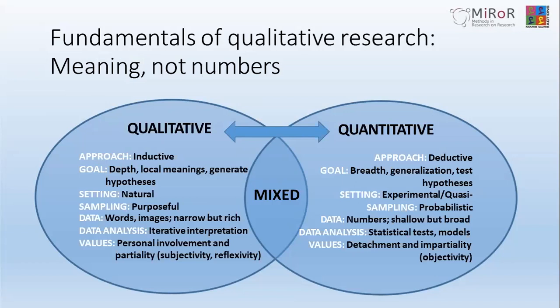However, it is the observations that you are looking at, and through those observations you are able to induct certain things, and we will see later on when we get hands-on experience, and as a homework when I give it to you, you can definitely go ahead and start taking care of it. Now, the goal will be depth, local meanings, generating hypotheses.